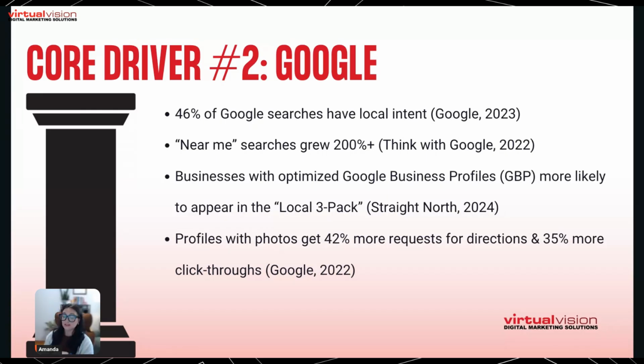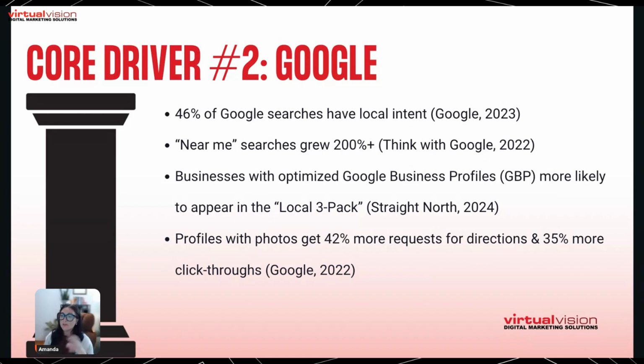And that was a stat that Google produced in 2023, so I'm sure that has even continued to climb. Near me searches, whether that's 'X business near me,' grew 200% in 2022. All of these have local intent. If you're needing to find something local, we need to make sure that we're showing up in Google in these ways.